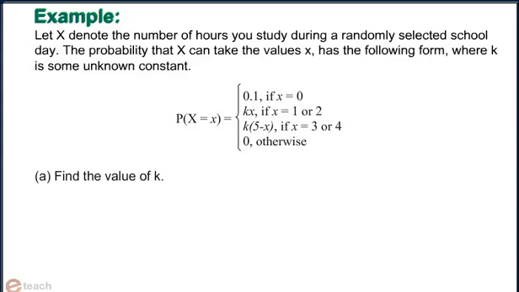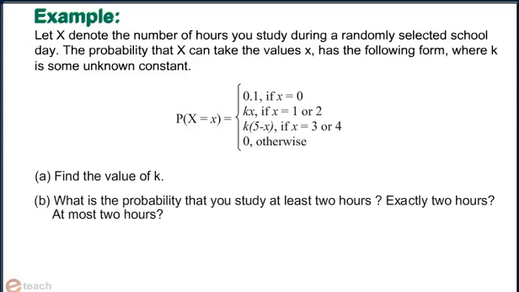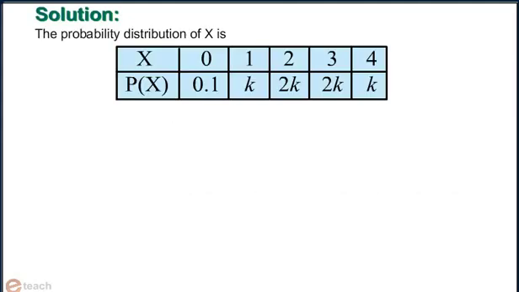Question A: find the value of k. Question B: what is the probability that you study at least 2 hours, exactly 2 hours, and at most 2 hours? Solution: the probability distribution of X is as shown.